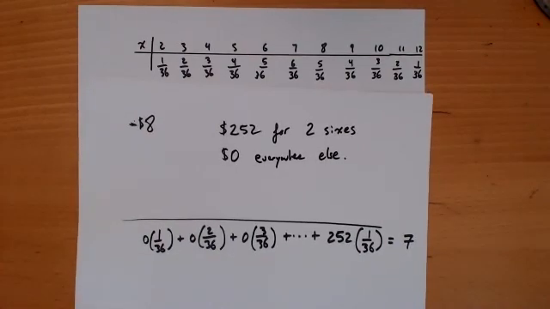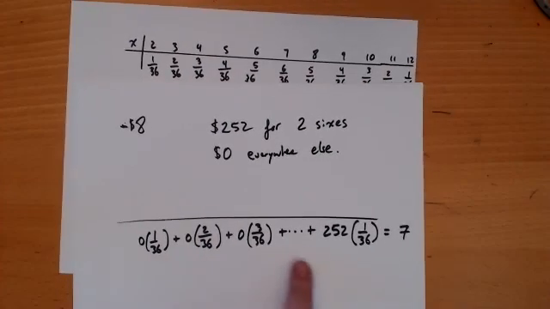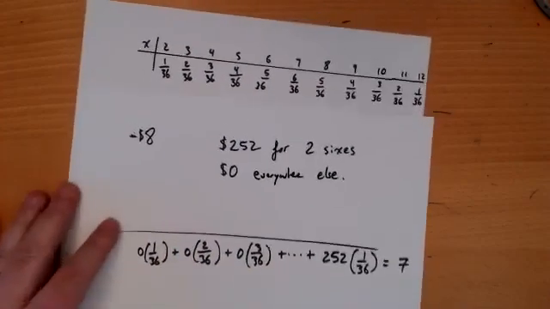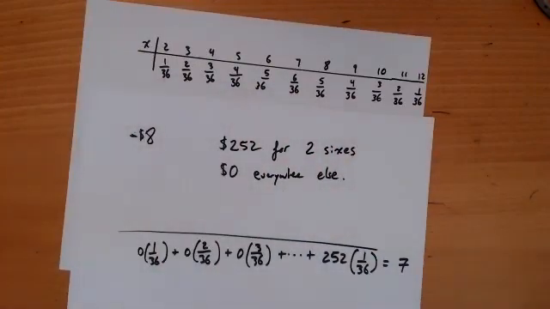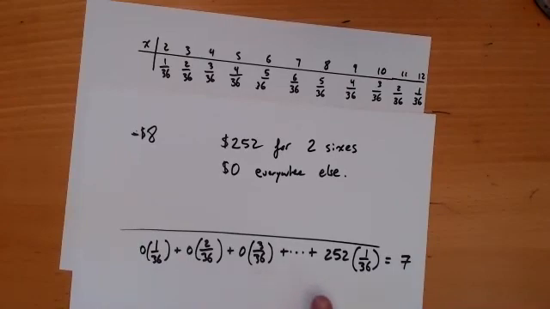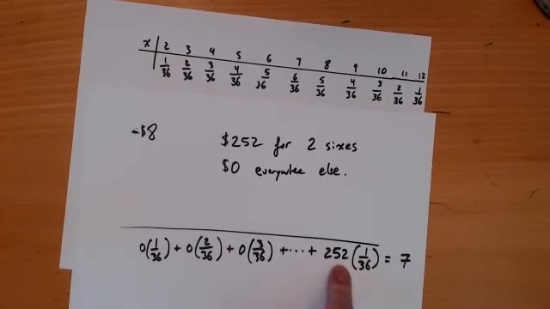So we're just about out of time, so I wanted to throw this at you. The idea here is you have to compute the expectation value, right? If you do the expectation value with the chart information that you already got, you get nothing for every roll except for the last one. And 252 divided by 36 is 7.